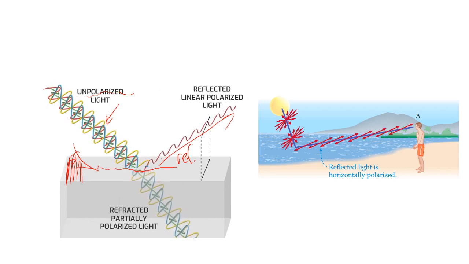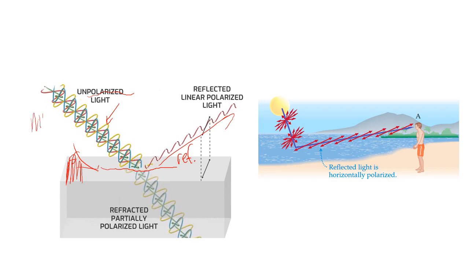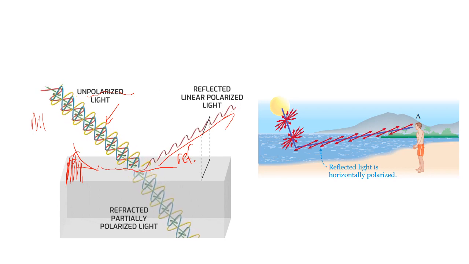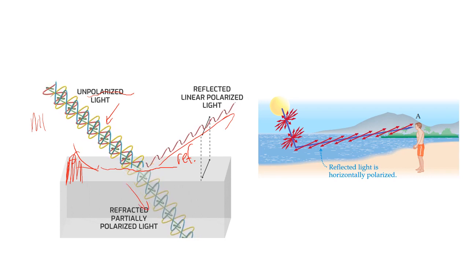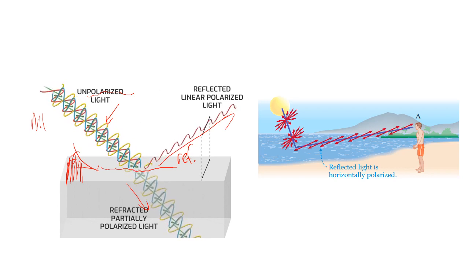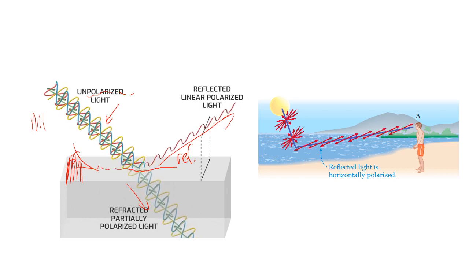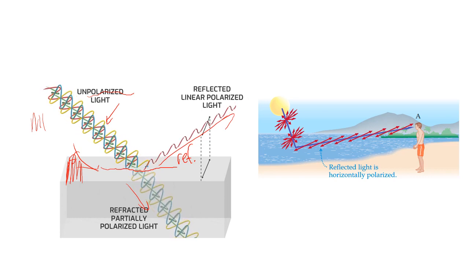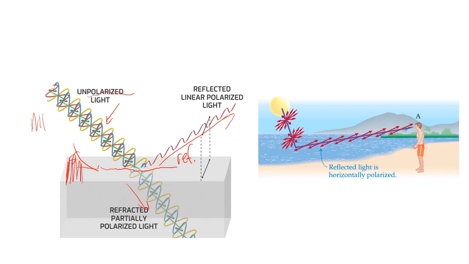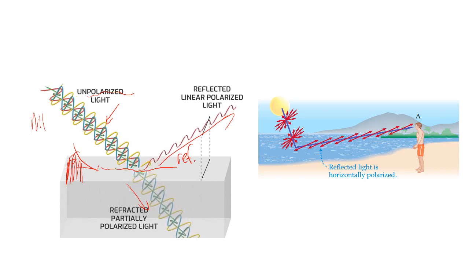The yellow one is going up and down, like in the plane of the screen, right? Your front plane. So it is going to go into the glass, and it's the same thing with the green and the blue one, okay? So the light that will reflect is going to be polarized in the plane of the surface, okay?